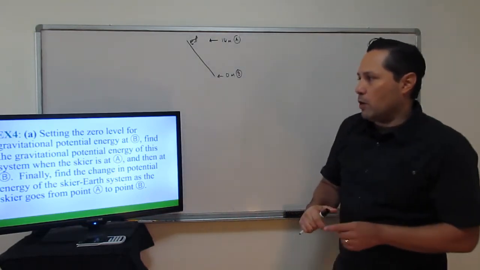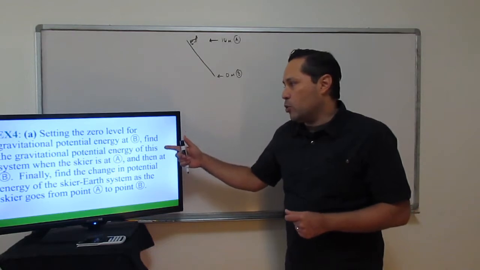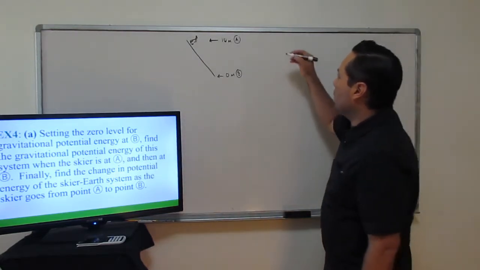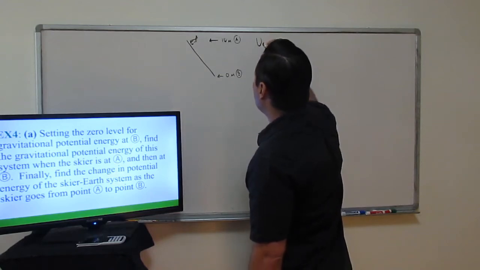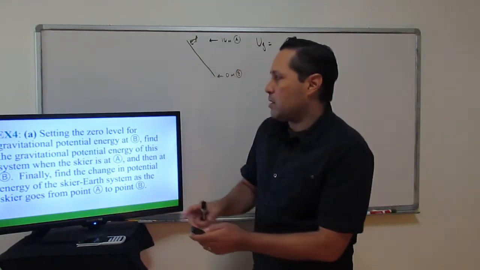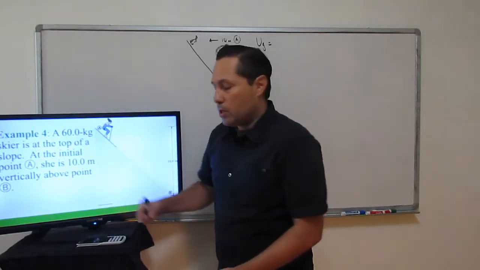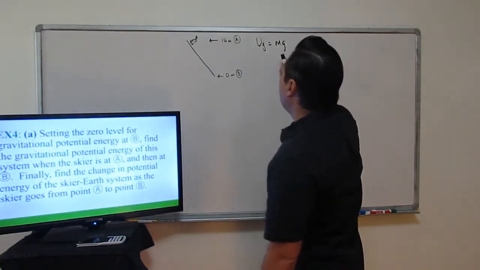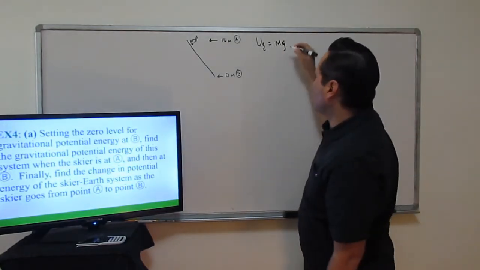One more time, the question was, find the gravitational potential energy at point A. So at point A, gravitational potential energy is equal to the mass of the skier, which was given to us. Her mass is 60 kilograms. Gravity is going to be 10.0 meters per second squared.